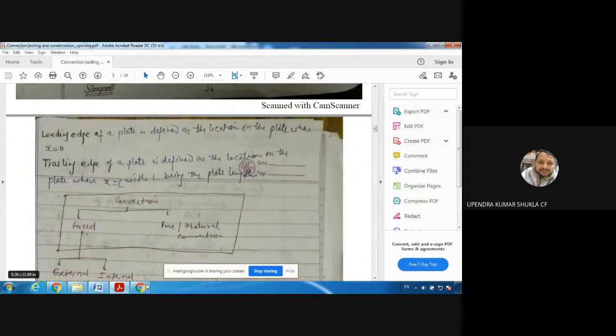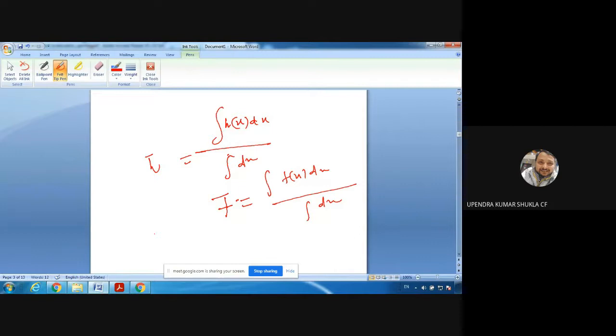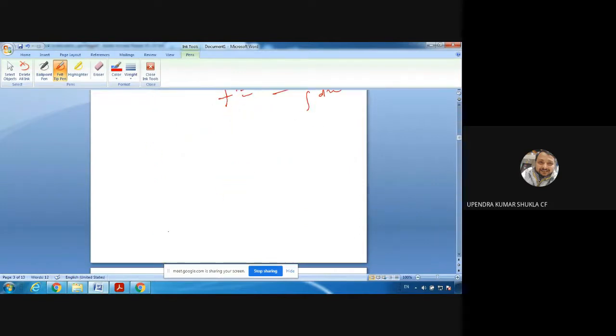Now, one more terminology that I want to explain right here. Now, this is the plate. Now, this is at the entry edge and this is the exit. Now, this is x equal to 0 and x equal to L, what is this called? Since heat transfer coefficient h is changing along the length of this plate, one more definition.